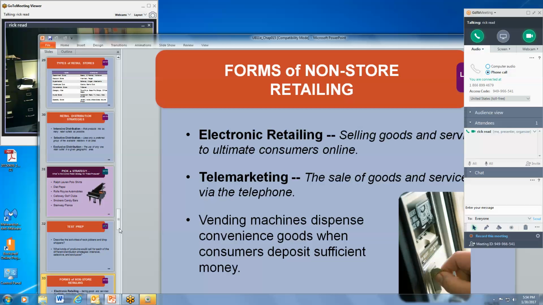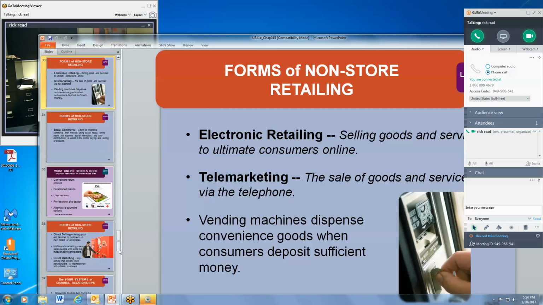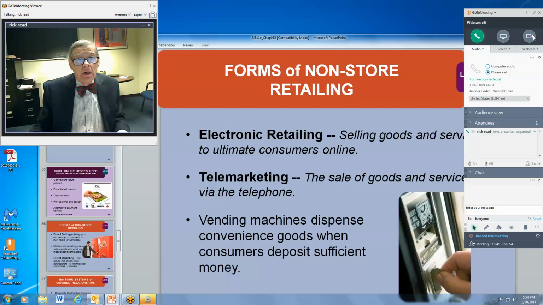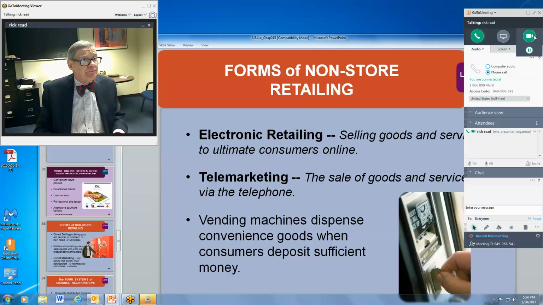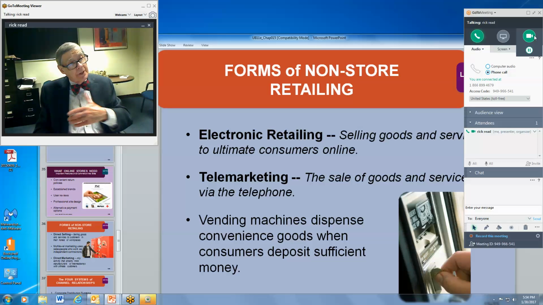These are forms of non-store retailing: electronic and telemarketing. Electronic is simply online. We can't change that. Telemarketing is selling via the telephone, exactly what it says.